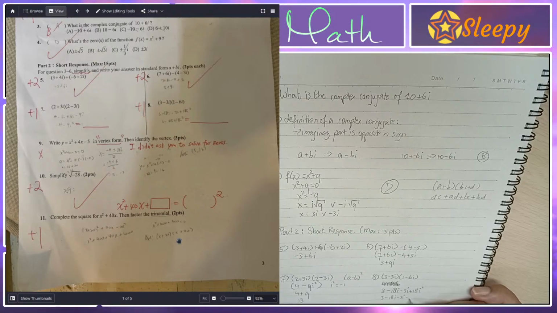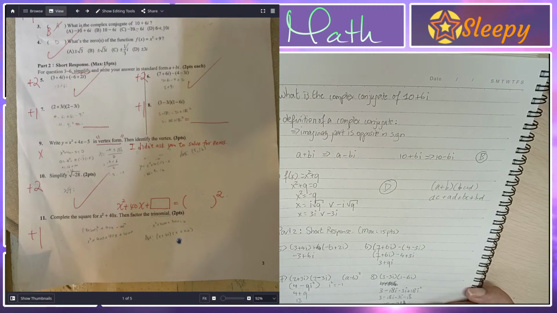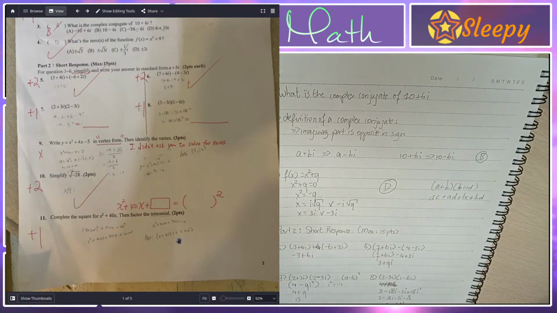So this is minus 15 minus 21i, right? I think so, no?